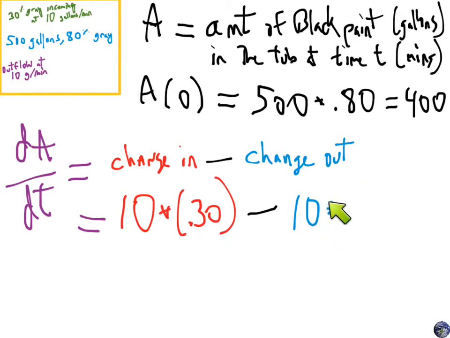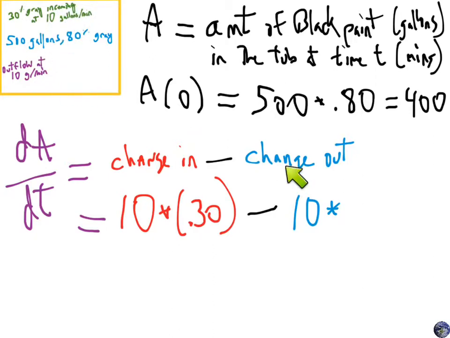The way you figure out the grayness level is you take the amount of black divided by the total amount. For example, if we had 500 gallons and 100 of it was black, our concentration would be 100 over 500, so it would be 20%. In general, it's the amount of black divided by the total amount of paint, which is always going to be 500 because the inflow and the outflow are the same. It's always 10 going in, 10 going out.